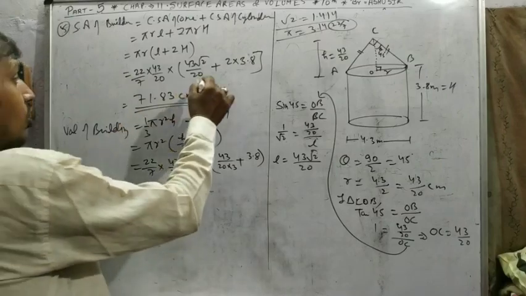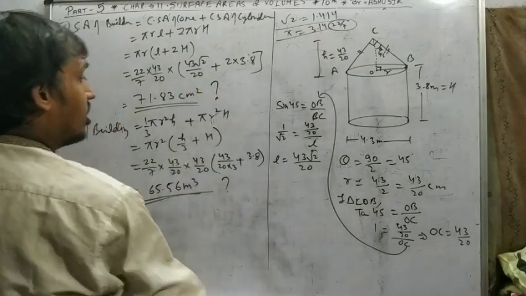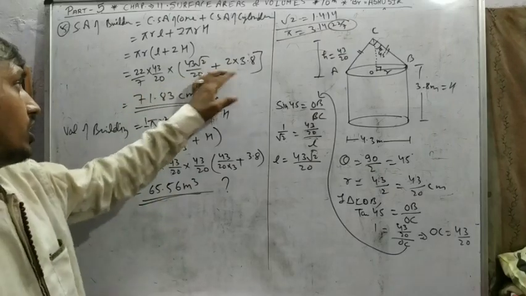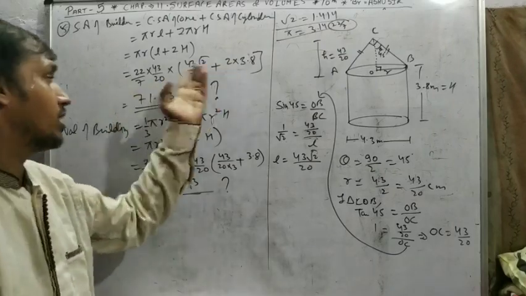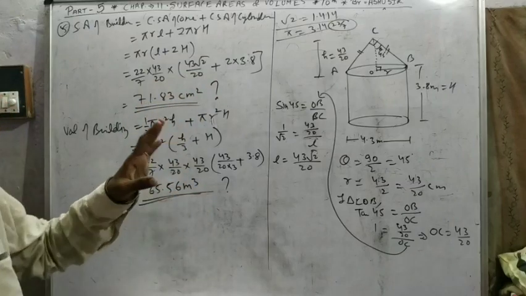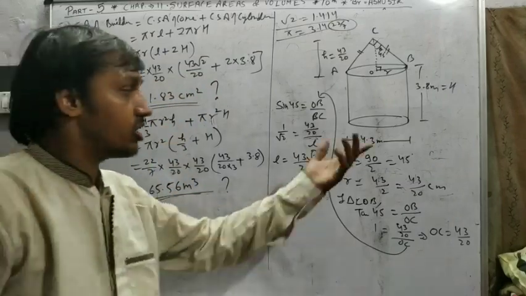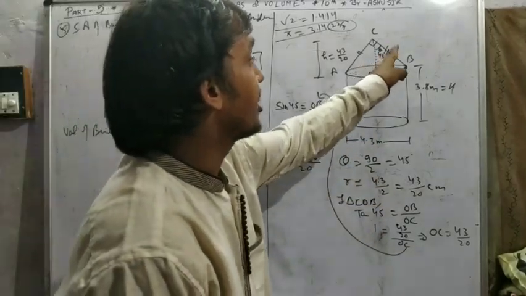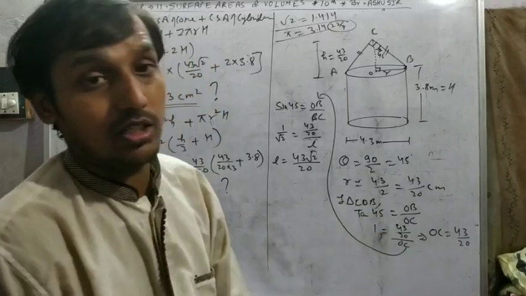You know why we do not solve this fully? Because this is a calculation problem. You have to solve the calculation by multiplying and dividing, and you get these values. My main motive in explaining the question is this part: how we find the value of height and slant height by using trigonometry.